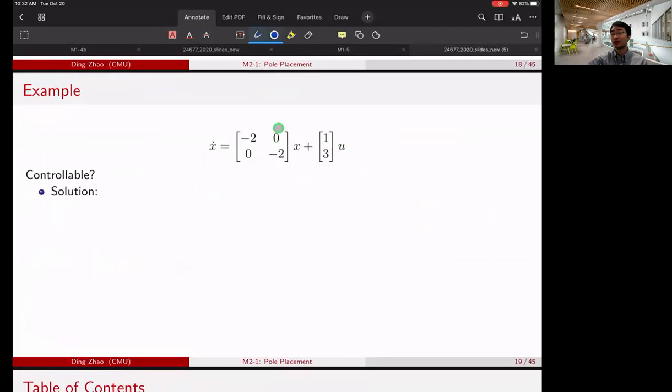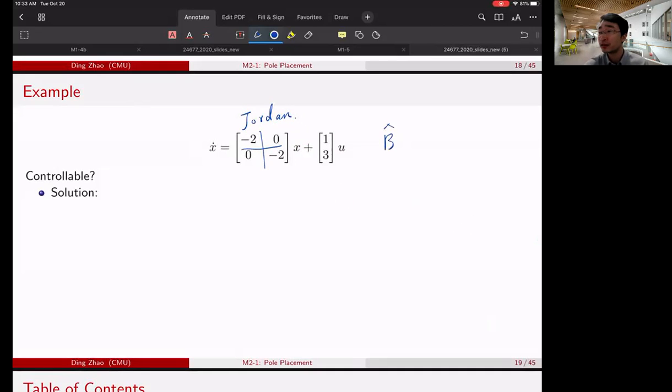Look at this system. I think this is already in the Jordan form. It's a fully diagonalized matrix, and you have 2 Jordan blocks for the same eigenvalue. From the Jordan form, you know that your B hat should be the last row of each Jordan block for that same eigenvalue.